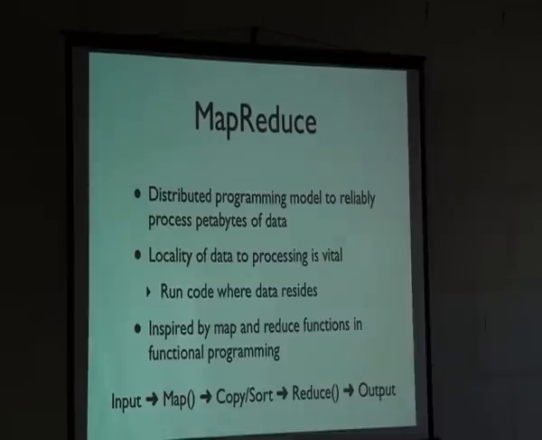It's also important that if you want to process data, you don't want to shift it around. If you look at the layers in your setup, the fastest one you have available is CPU and registers. Then you have memory, then the disks, and then the networking.